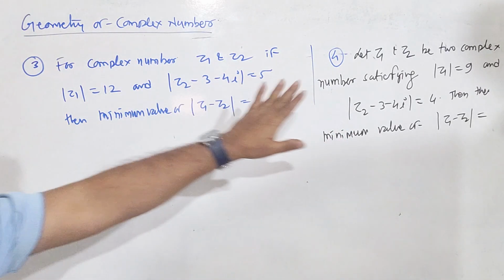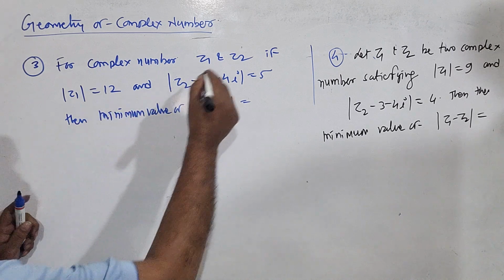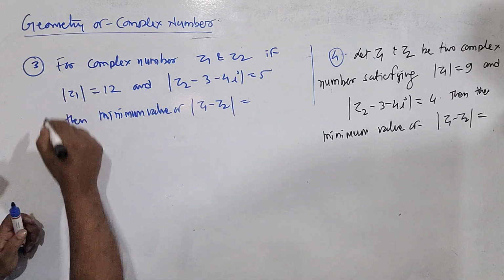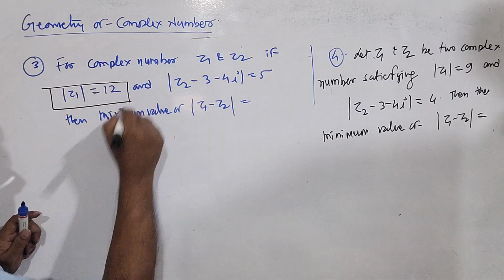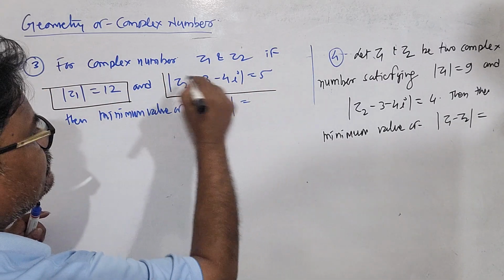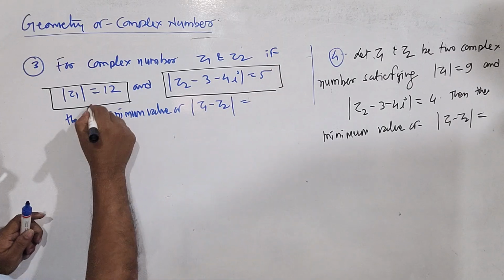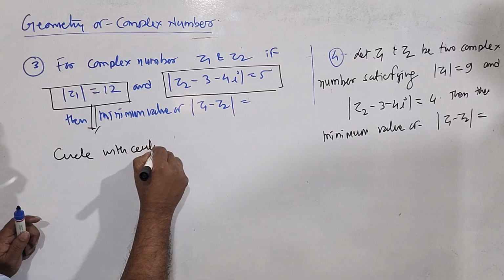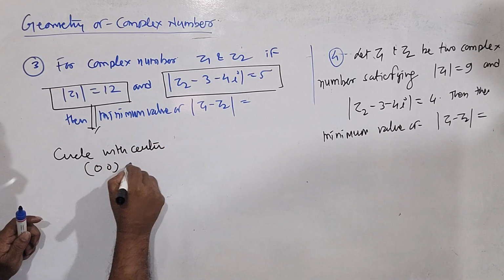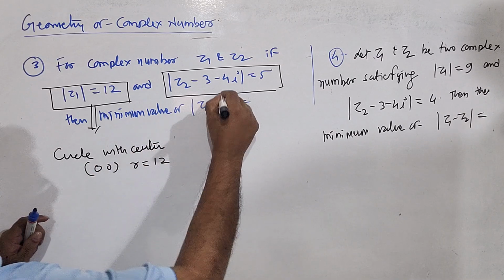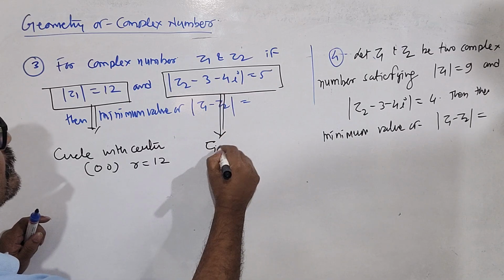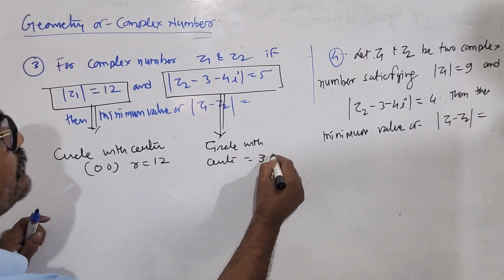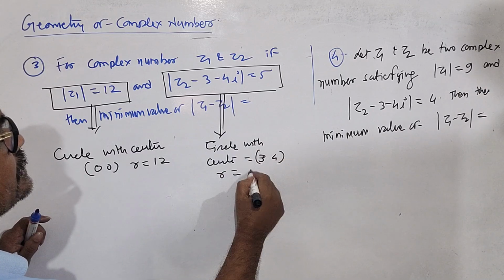So simply to draw the questions, question number 3 and question number 4. For complex numbers z1 and z2, z1 is satisfying this locus, and z2 is satisfying this locus, and both loci are circles: one with center 0 comma 0 and radius 12, and this one with center 3 comma 4 and radius 5.